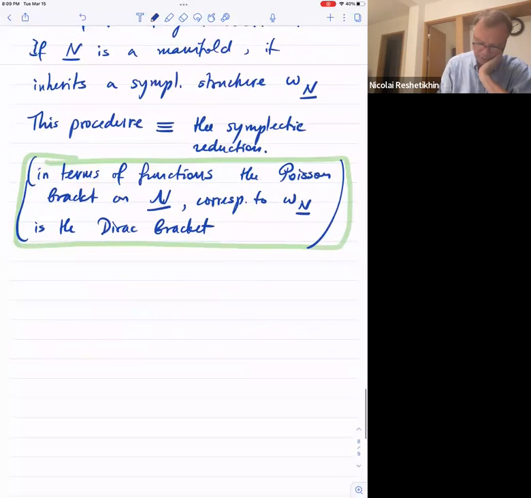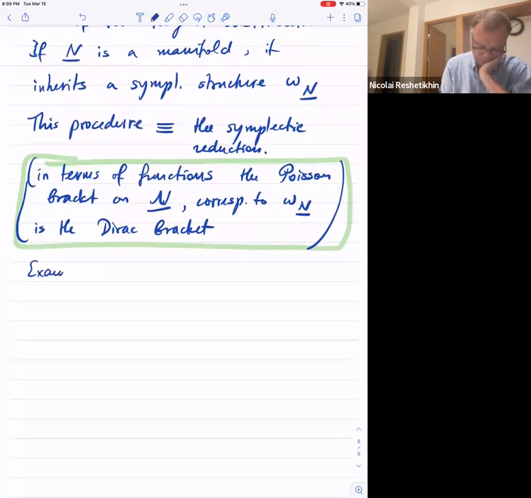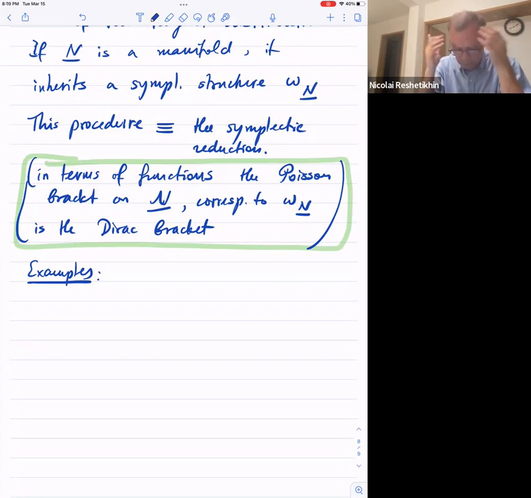Okay, so here we have two examples. And why did I mention this procedure? It's just because symplectic manifolds, the ones that we know so far, are cotangent bundles to submanifolds in the configuration space. Remember I said why we care about Lagrangian mechanics on manifolds: because we can constrain the dynamics in R^n to a submanifold.